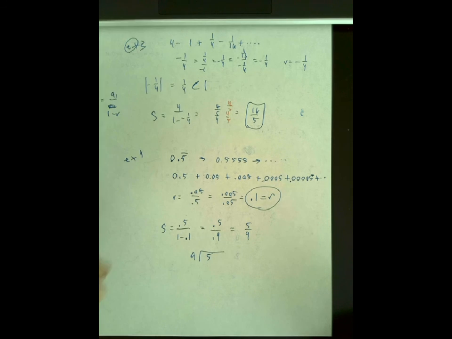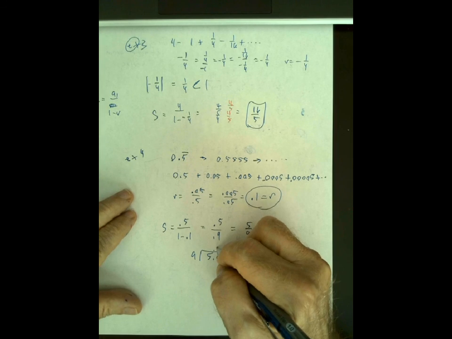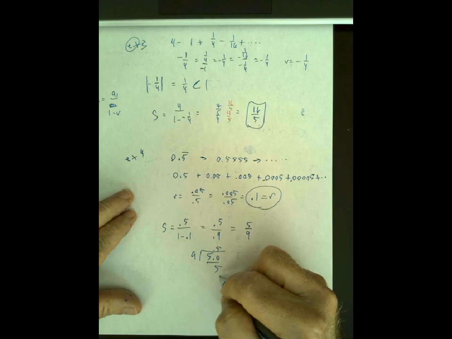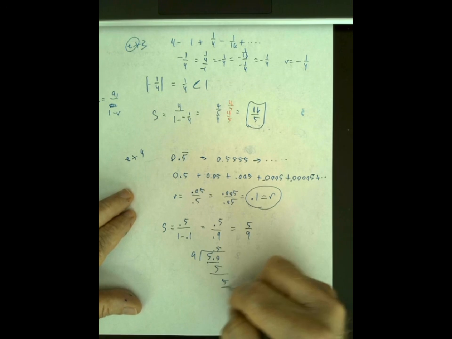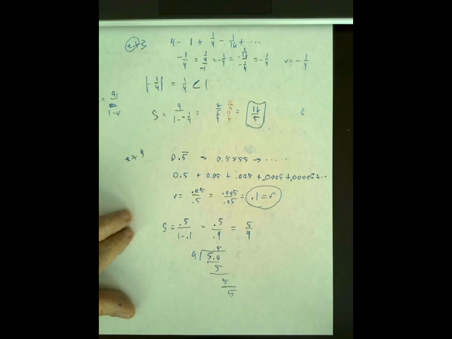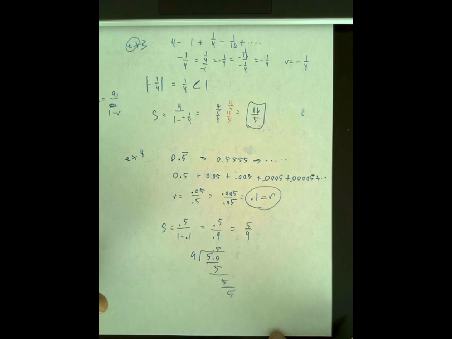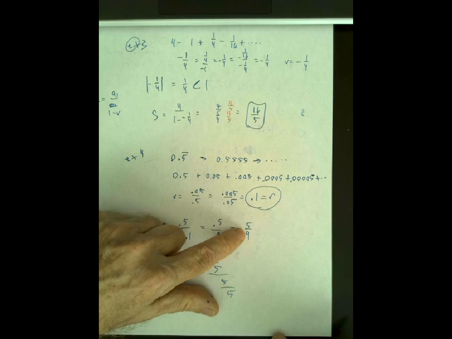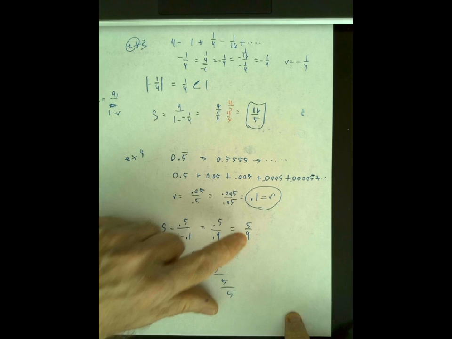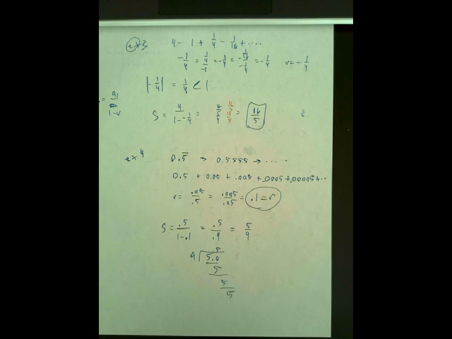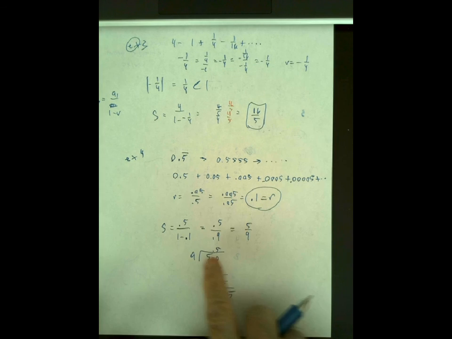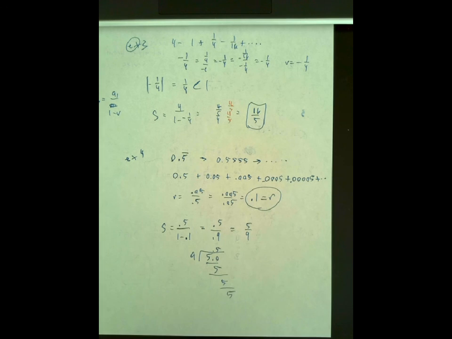Okay, does that make sense? It would just keep going, going, and going. So this is one way of showing that these repeating decimals really are equal to an exact fraction. And it's also a way to figure out what that exact fraction is by finding the sum of the corresponding infinite geometric series. Okay? Alrighty, very good.